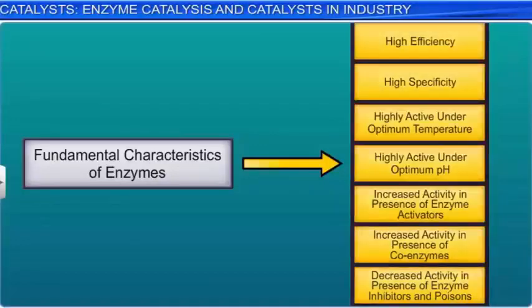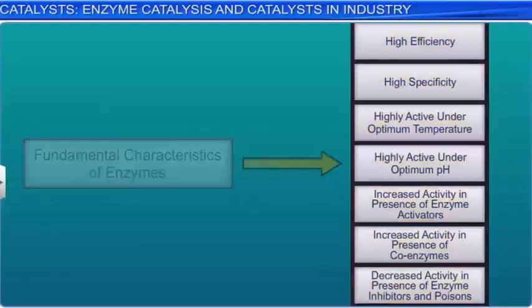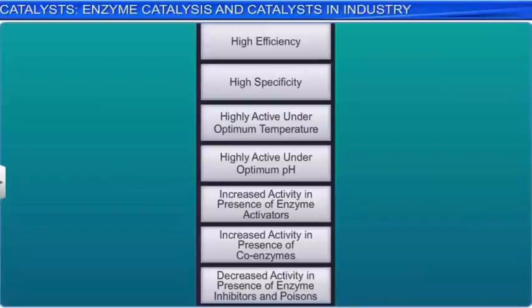We will first discuss the efficiency feature of enzyme catalysts. Let us look at an example to see how enzymes are efficient in speeding up reactions. We know that a peptide or an amide bond is a very stable bond.